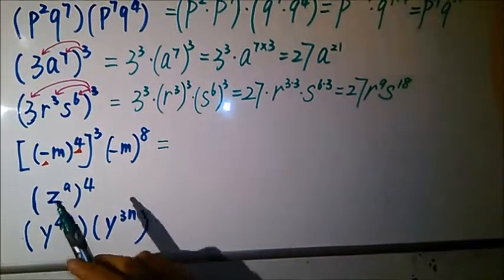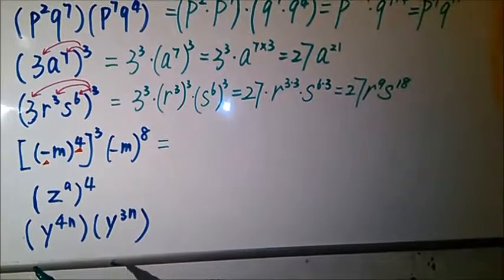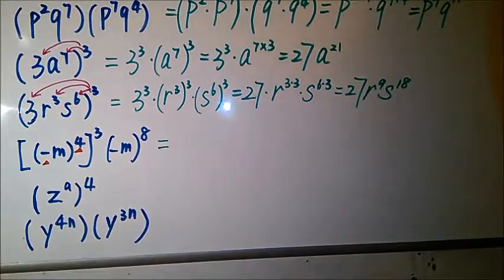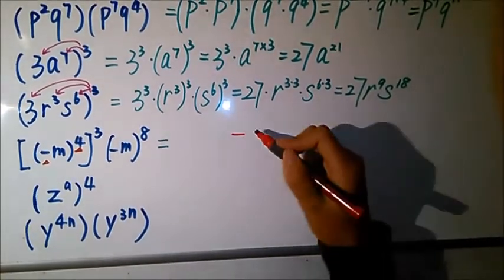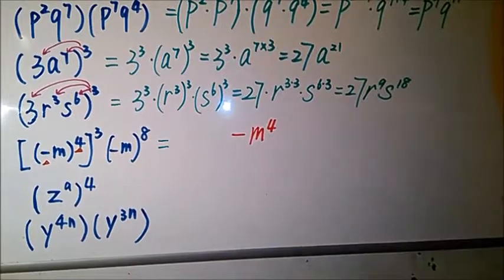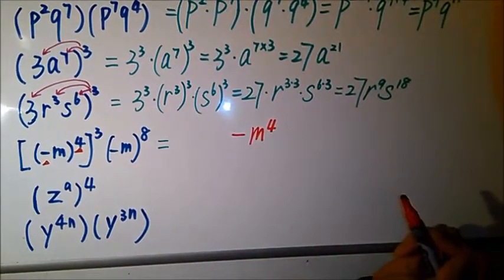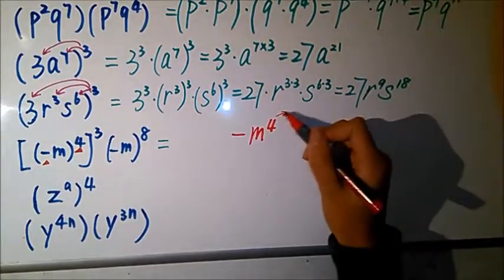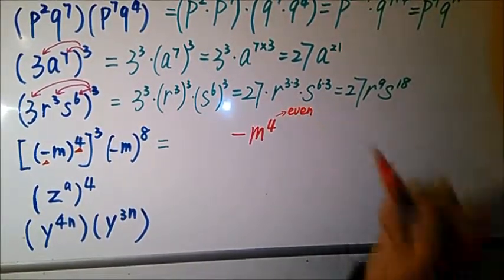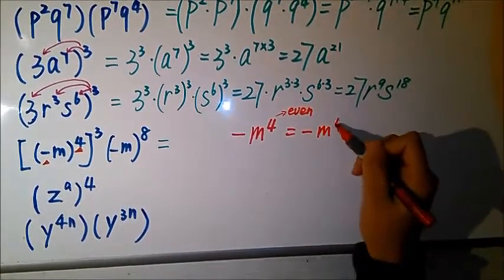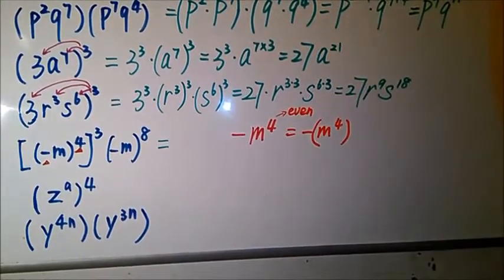If that negative was outside the parentheses, then it doesn't matter if it's an even or odd power, it would always be negative. For example, you see this here? If you have m to the 4th power, or m to the 8th power, or m squared, or m to any power, right? Any even power, the answer will still be negative m to the 4th power, right? It looks just like that.